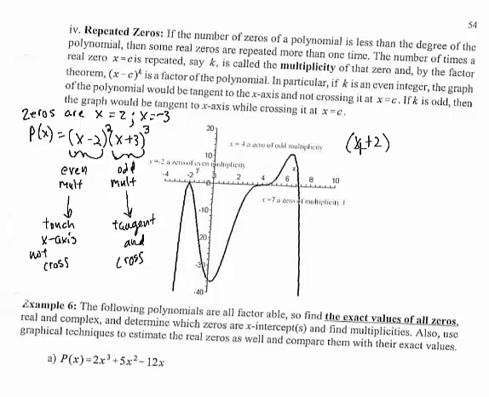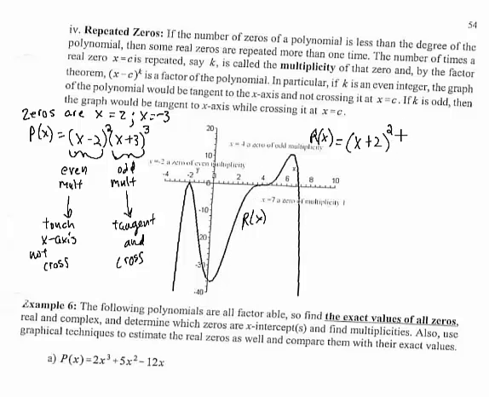So for the polynomial, maybe I should give it a different name other than the one I used to the left. We'll call this r of x. So r of x touches at -2, so one of the factors is x plus 2. And so the power of this factor must be even, so I could say squared.